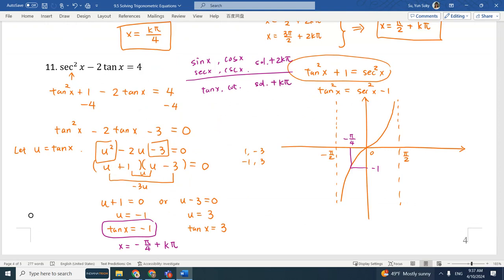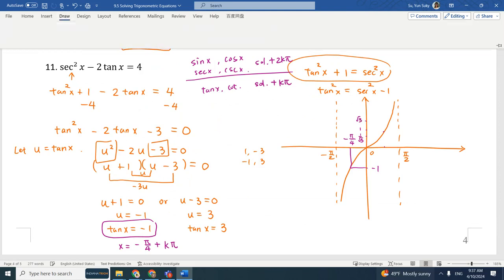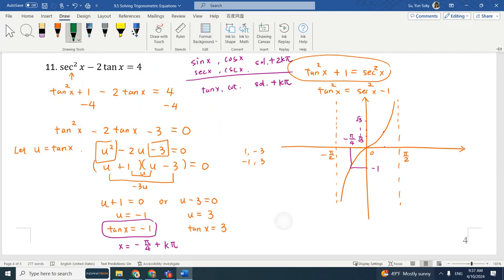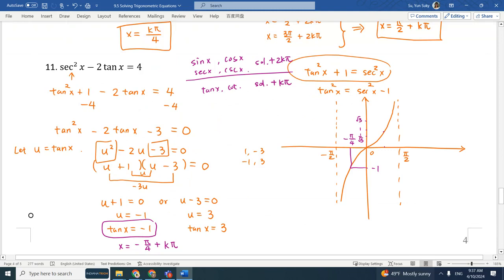Next part, 3. Keep in mind the common angle values are like 1 over root 3 and root 3. Any number outside of these are not common angle values. So 3 is not a common angle value.